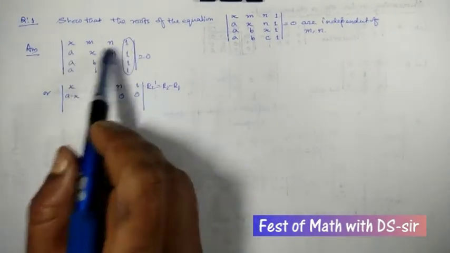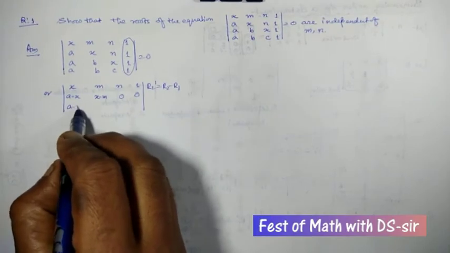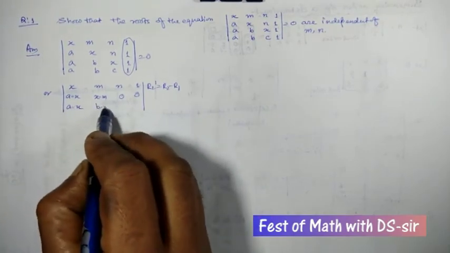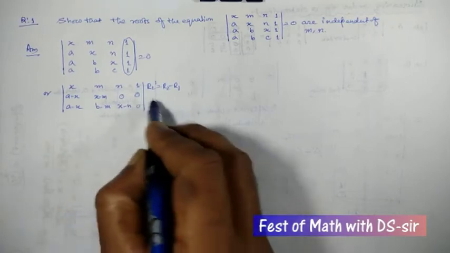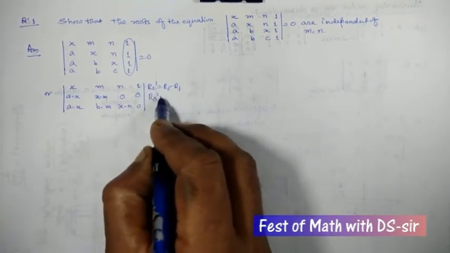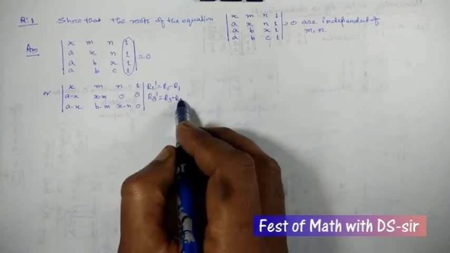Similarly, the first row is subtracted from the third. That gives you a minus x, b minus m, x minus n and 0. So R3 dash is R3 minus R1.